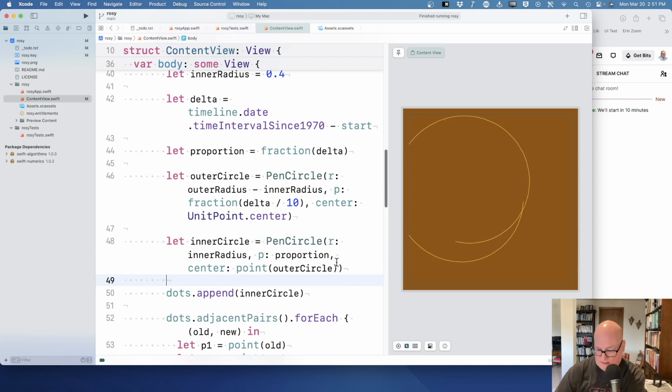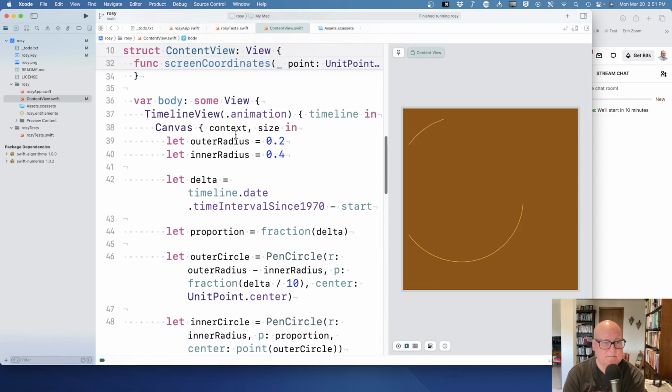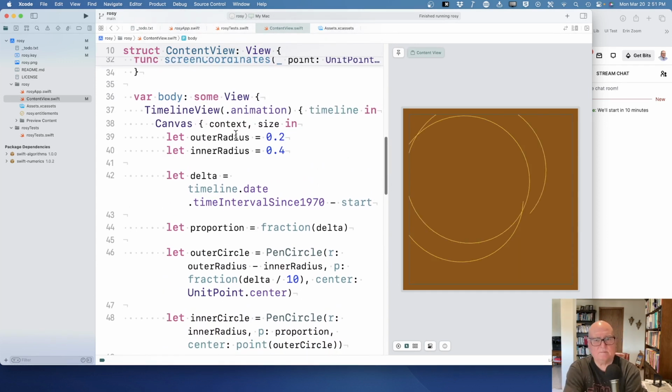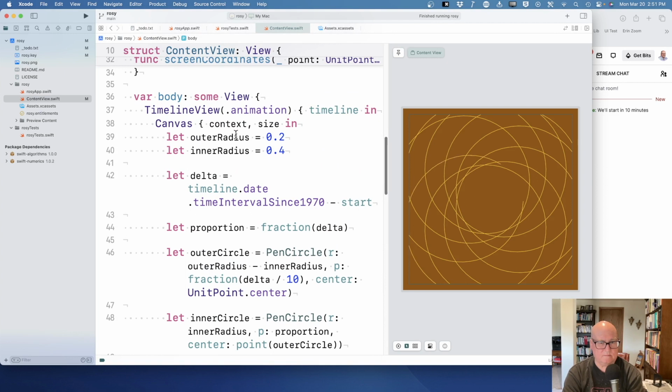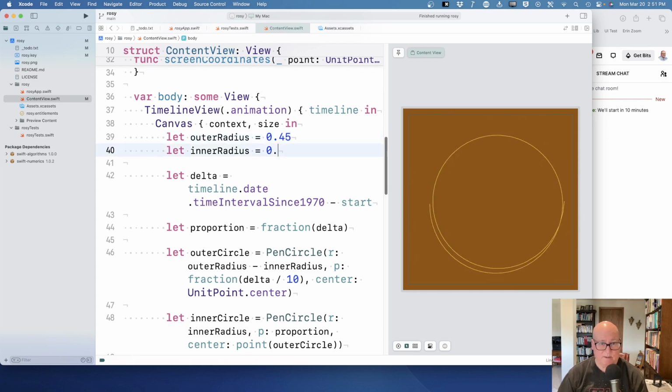And all right, and let's make 0.45, inner radius 0.1. I think we'll get a nice looking spiral.